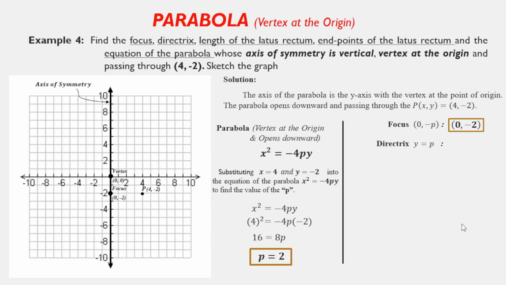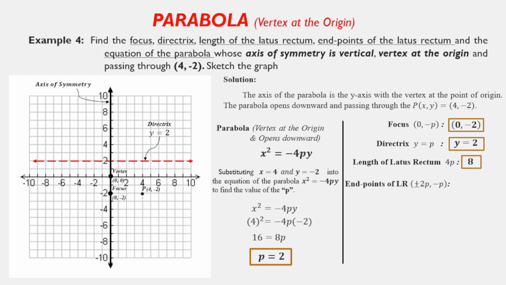How about the directrix? The directrix is y equal to p, so the directrix is y equal to 2. This is a horizontal line that passes through the y-axis at 2. For the length of the latus rectum, that is 4 times 2, which is equal to 8. Let us now identify the endpoints of the latus rectum, the coordinate (±2p, -p).